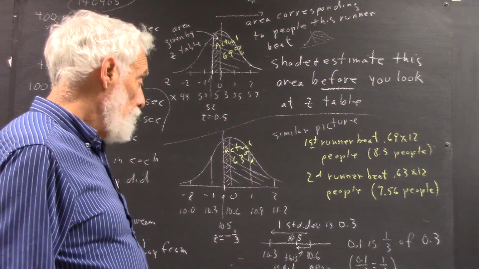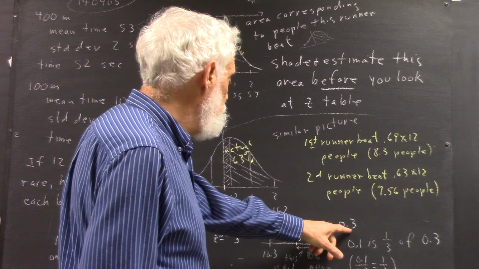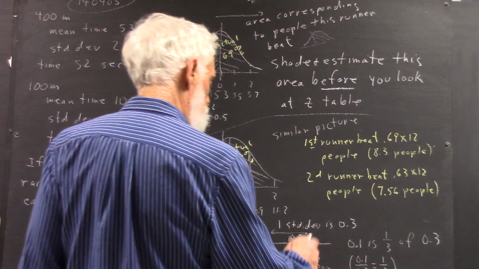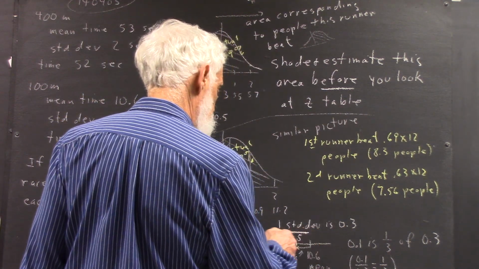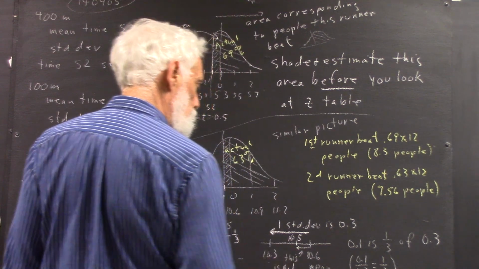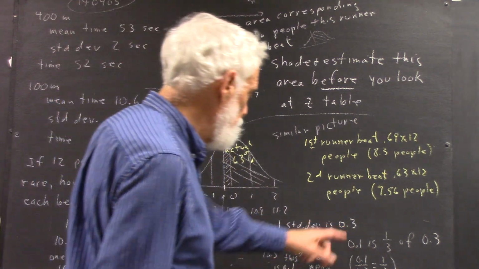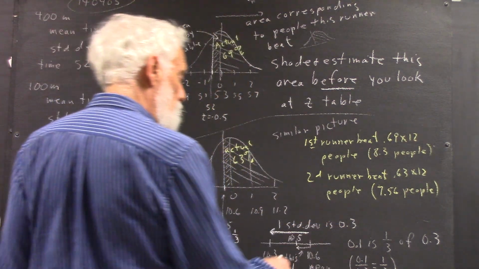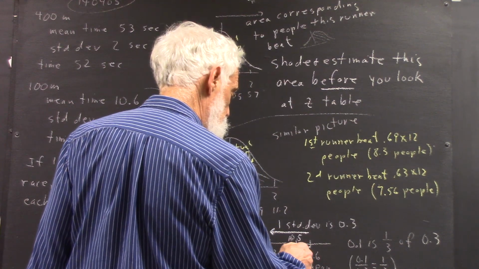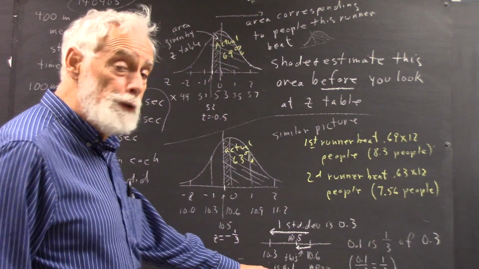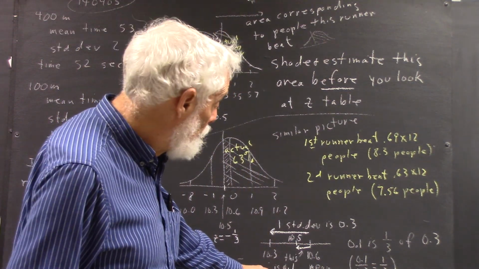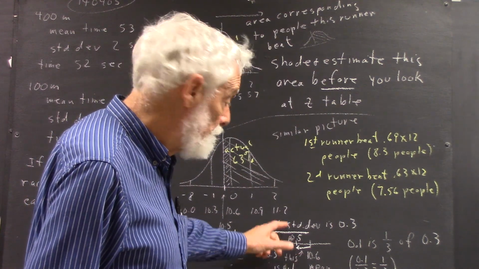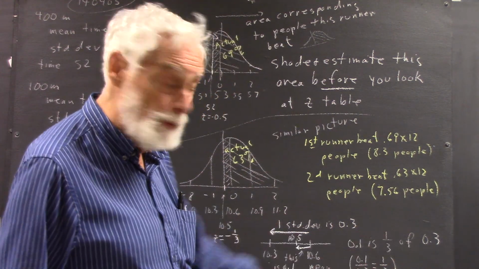Also, we can draw this picture. Standard deviation is 0.3, so from 10.6, which is our mean, over to 10.3 is one standard deviation. That's 0.3. From our mean, which is 10.6, over to 10.5 is only 0.1. So you can tell this is less than a standard deviation, it's going to be some fraction.